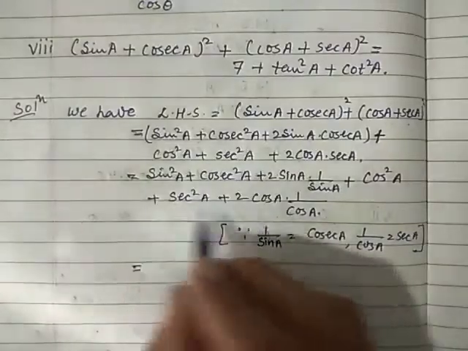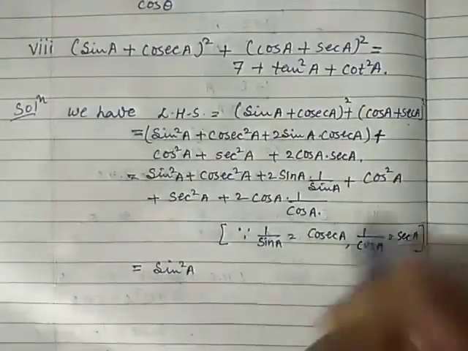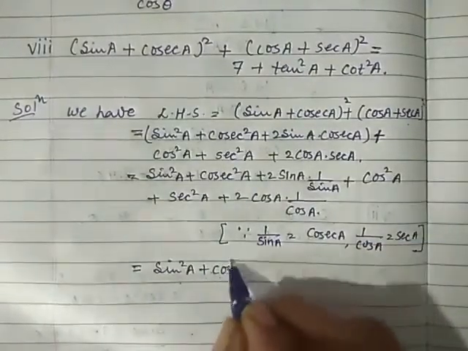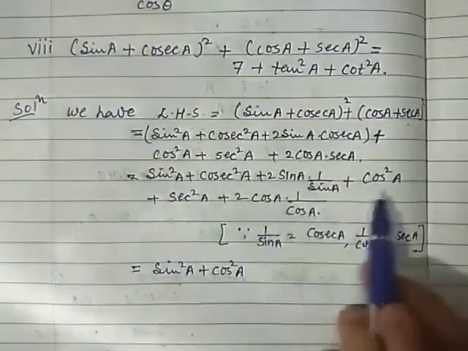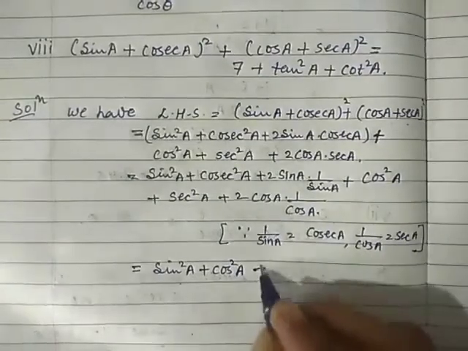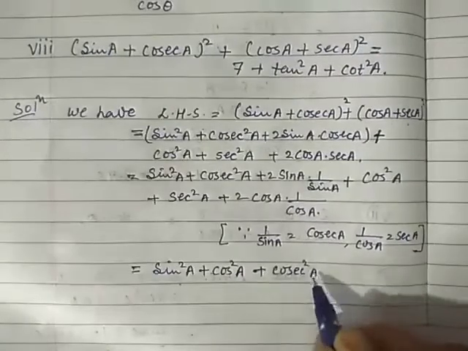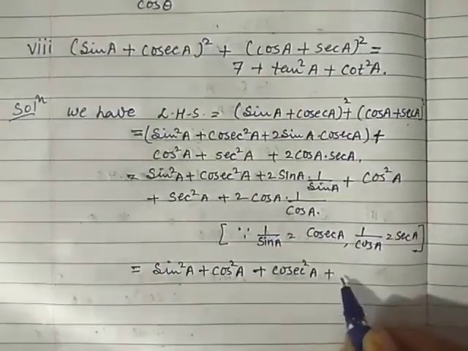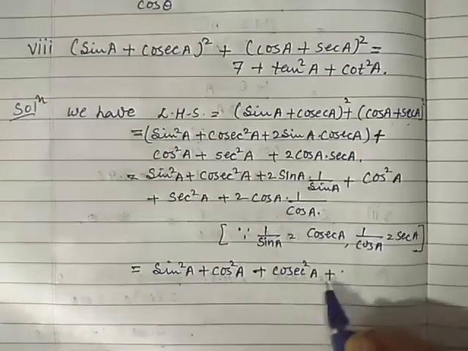So now we'll get sin square A. Now we'll write cos square A with it, because when we add sin square and cos square we get 1, so we'll write it together, plus cosec square A plus sec square A. We'll convert this one also in the next step.